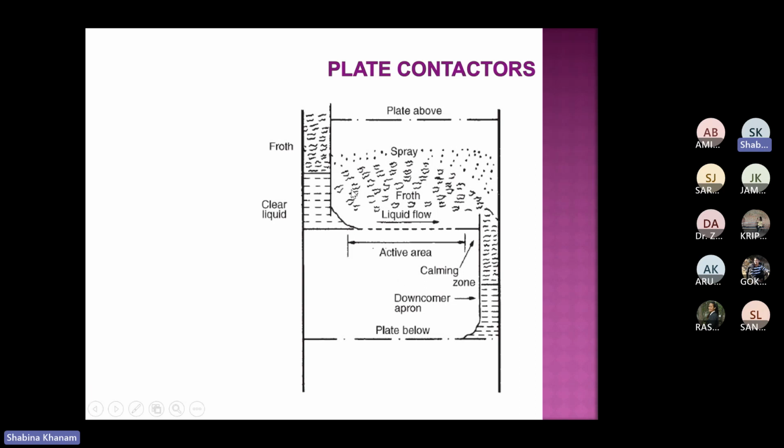So for a single plate, this is the single plate, and similarly this is the single plate. When I'm considering a single plate, there are different factors which we use to count.